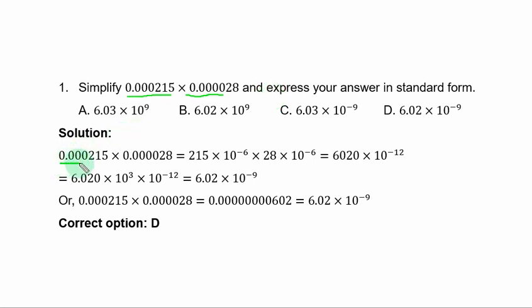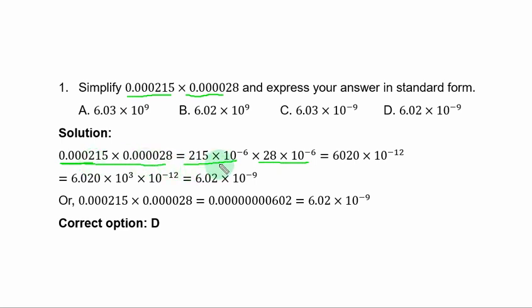The first way is to convert each number from decimal form to a whole number. That gives this result and this result. To convert this one, you need to move the point 6 times to have 215. When you move the point, you multiply by 10.